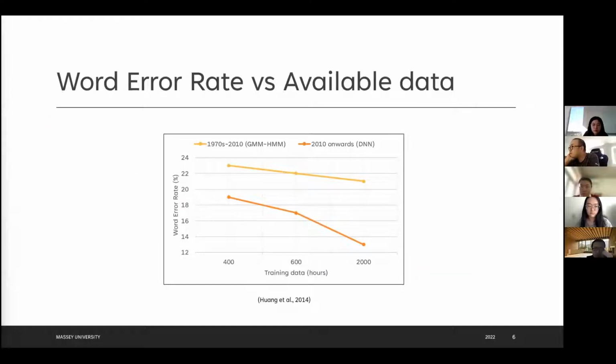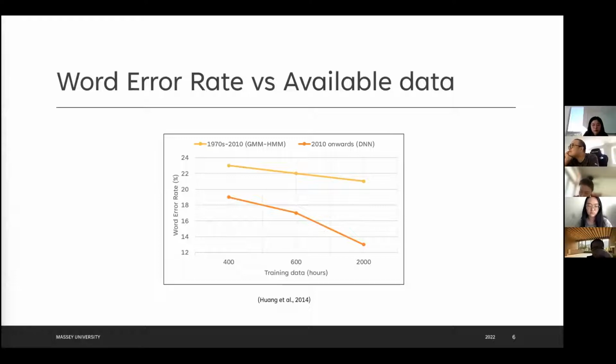Here is a figure that represents the relationship between word error rate, which is the common metric used for speech recognition tasks, and the amount of data available. Back in the 1970s until 2010, the systems were based on Gaussian mixture models or HMM models.